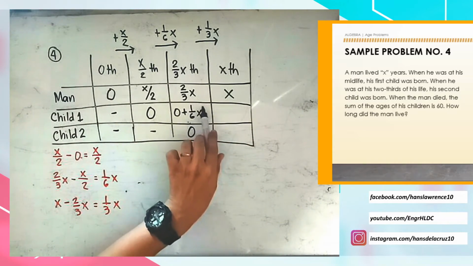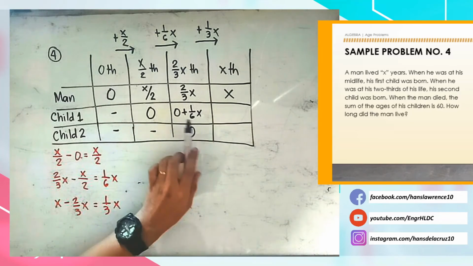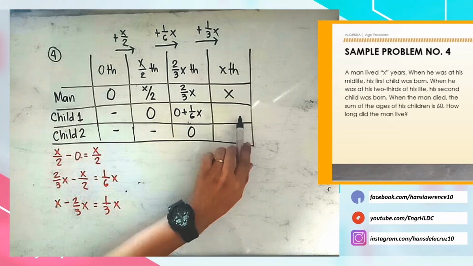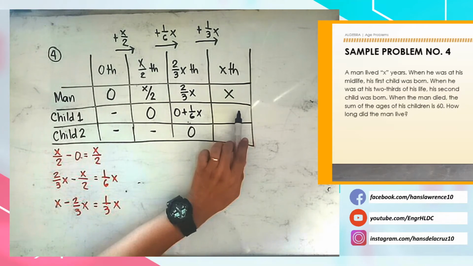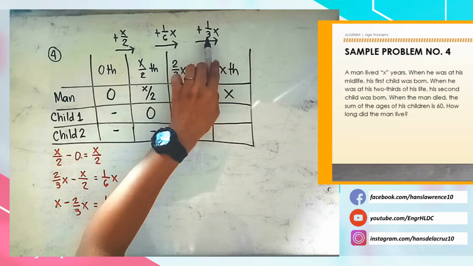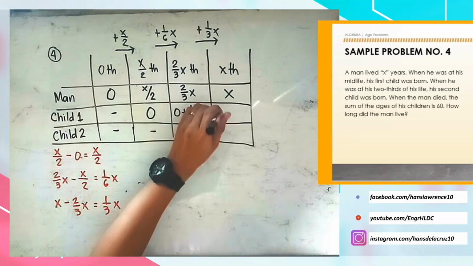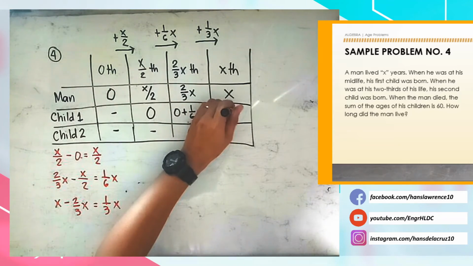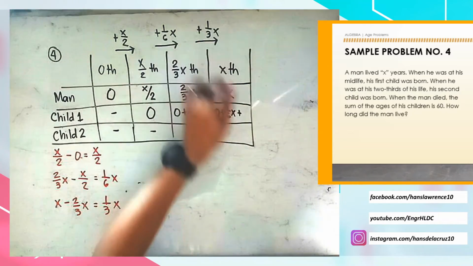So, child 1's age here is 0 plus 1/6 of x years old. In the last time frame, his new age is his age before plus the time that passed. So that is 0 plus 1/6 of x plus 1/3 of x.